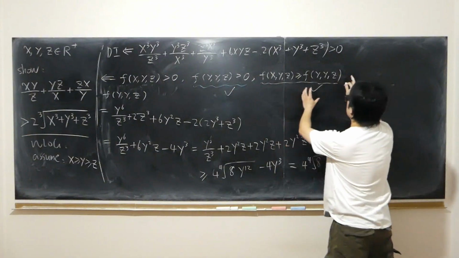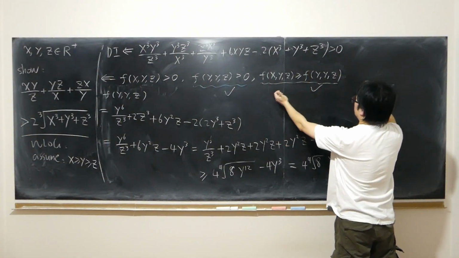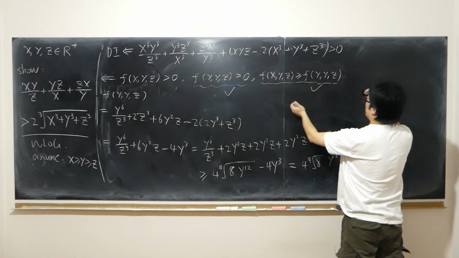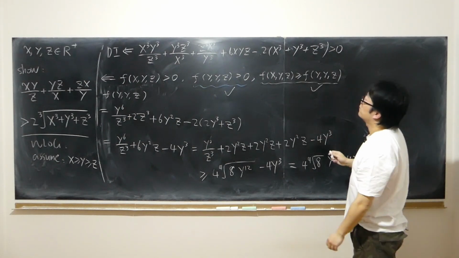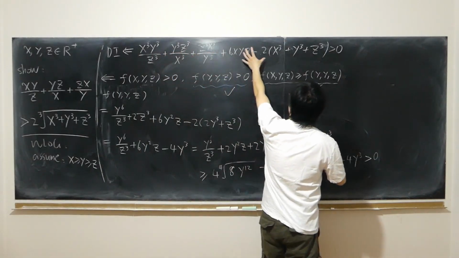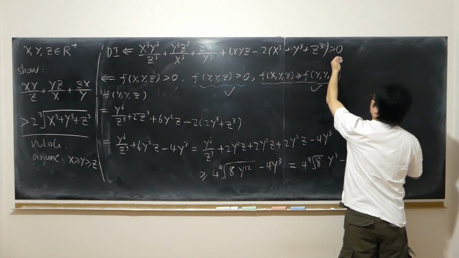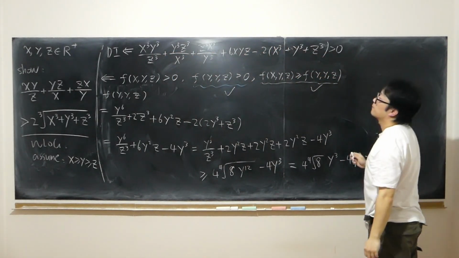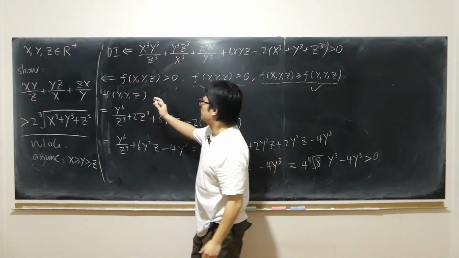So immediately, by transitivity, f(x,y,z) is greater than 0, strictly. This is really greater than 0, strictly. So our desired inequality is really true.